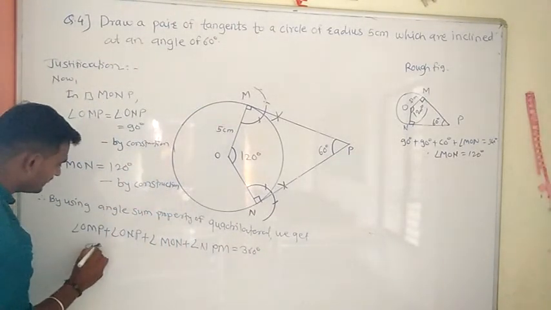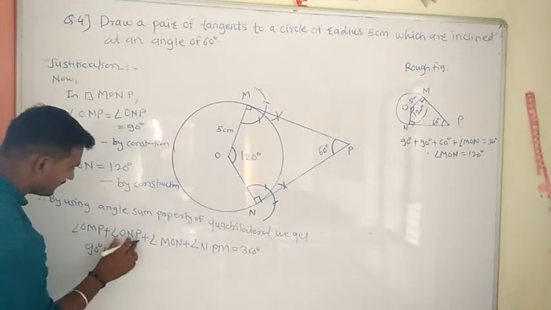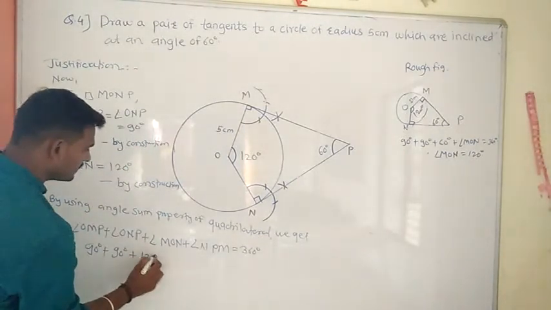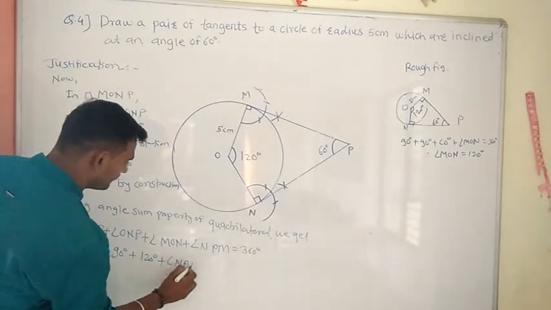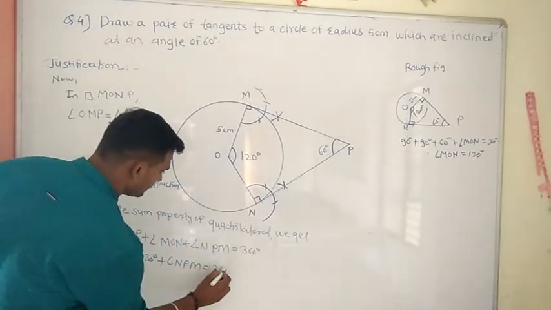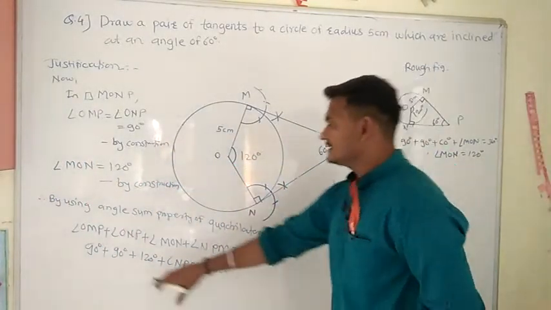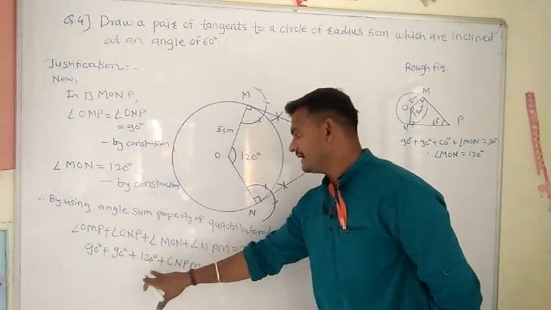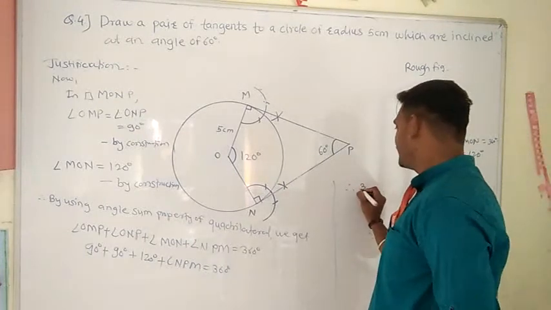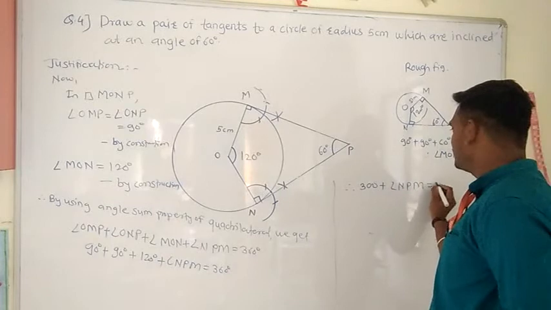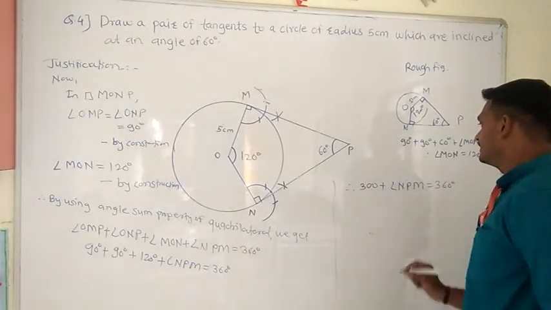This one is 90 degree plus this angle is also 90 degree, ONP is equal to 90 degree, angle MON is equal to 120 degree plus angle NPM is equal to 360 degree. Therefore 90 plus 90 is 180, plus 120 is equal to 300, plus angle NPM is equal to 360 degree.